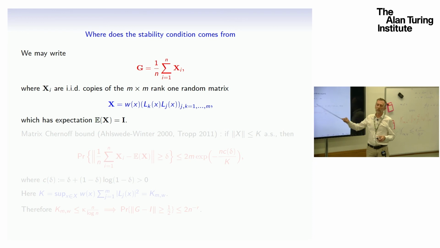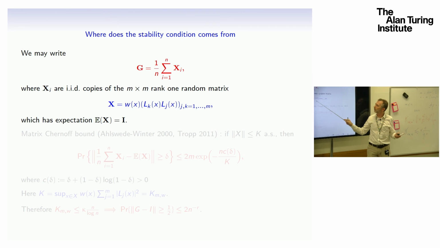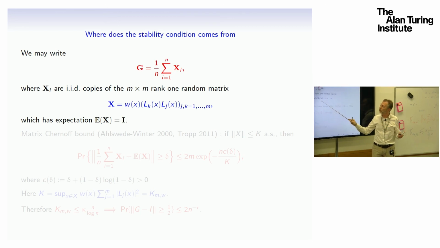If we inspect the matrix G that we want to control, you see that you can view it as an empirical average of independent copies of a random matrix of this form, where X is just a random variable with law described by the sampling measure. So you look at this random matrix, which is actually a rank 1 matrix.